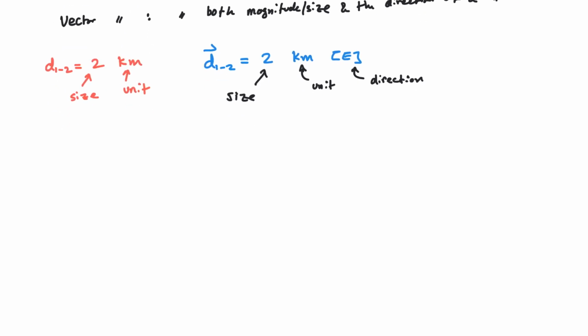Let us look at a few examples here. So we are going to have this person, and let's take this to be a positive east direction, so it's positive there. And let's start here, go here, and then go here.